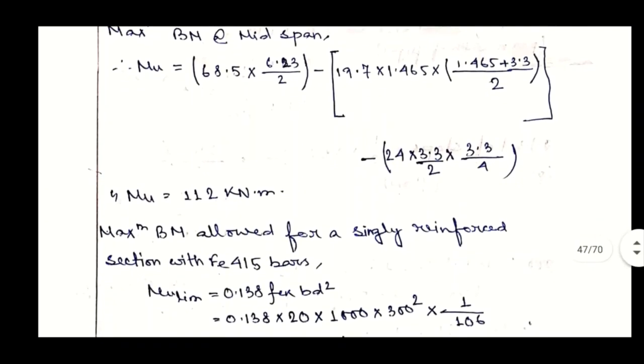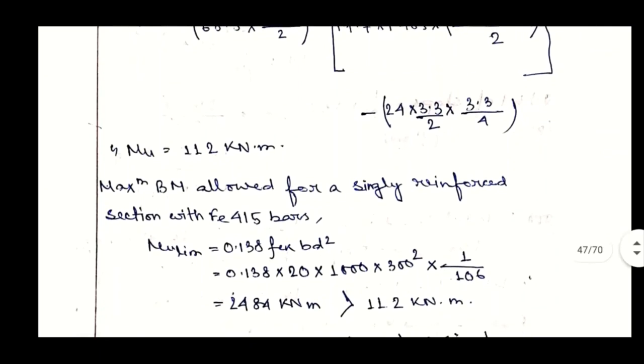So maximum bending moment allowed for a single reinforced section with Fe 415 bars, Mu limit. Actually the formula of Mu limit, I told this in every previous lecture. This Mu limit formula is given in Annex G of IS 456-2000.